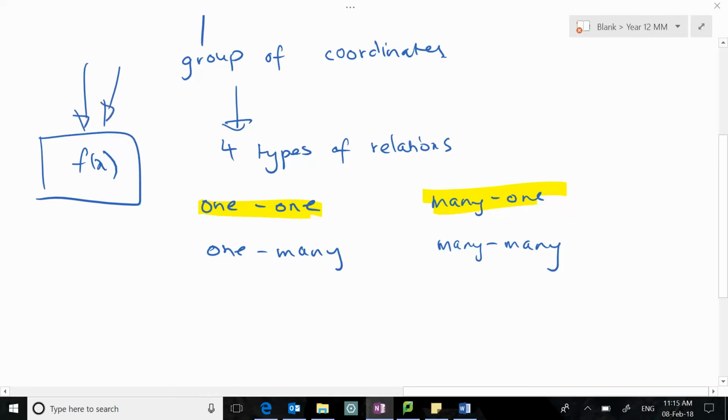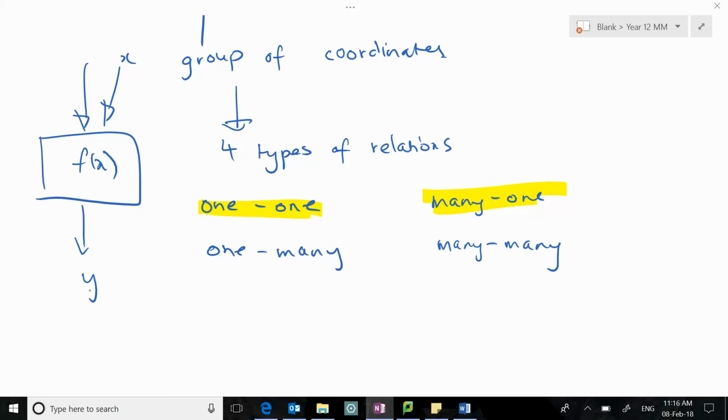It's only a function as long as it only spits out one unique y value. So when you look at the relations, you're looking at the second column. If it has a 1 in the second column, that means it is a function. So that's a function, that's a function, this is a relation, that's a relation.